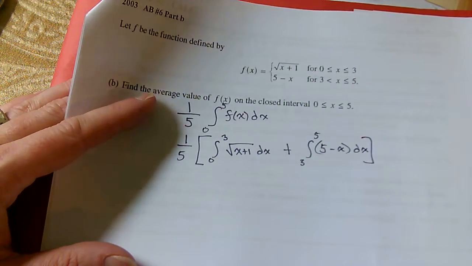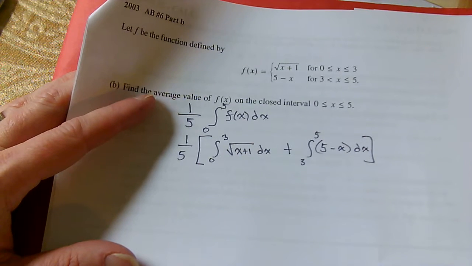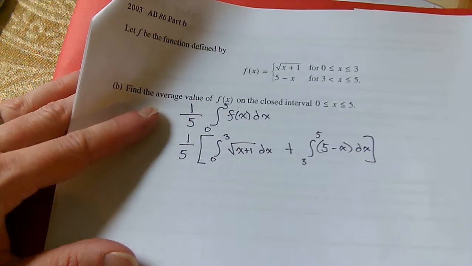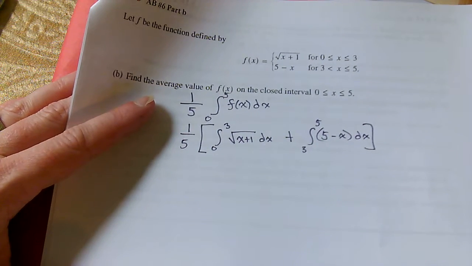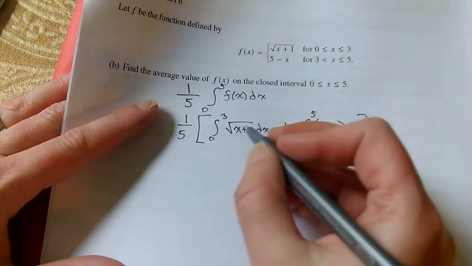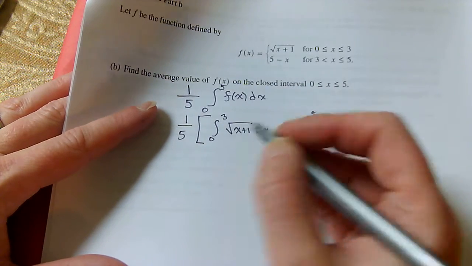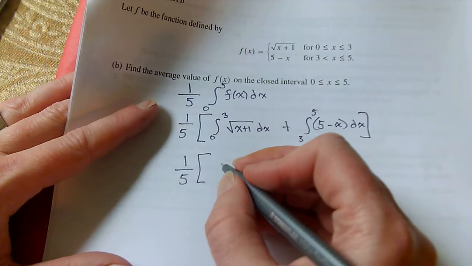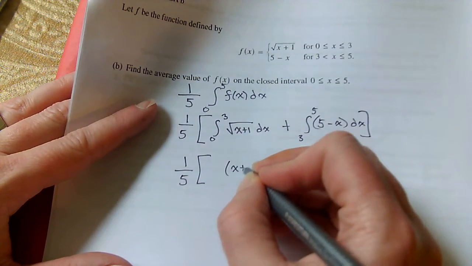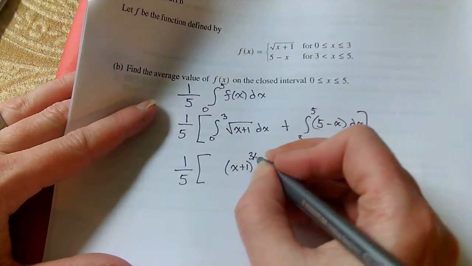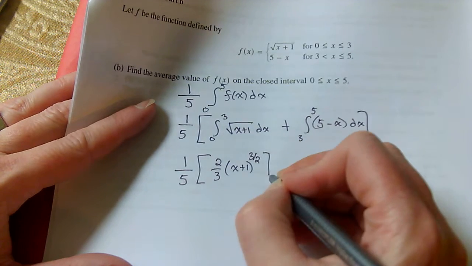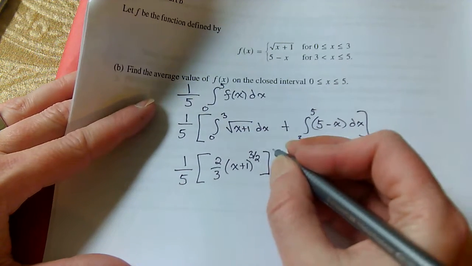And we can find that using our calculator, just plugging it in. But just to review some of our skills, how would we do this by hand? Well, since the derivative of the inside would be 1, we don't have to use u substitution there. It would just be x plus 1 to the 1/2 plus 1, that'd be 3/2, times 2/3, evaluated from 0 to 3.